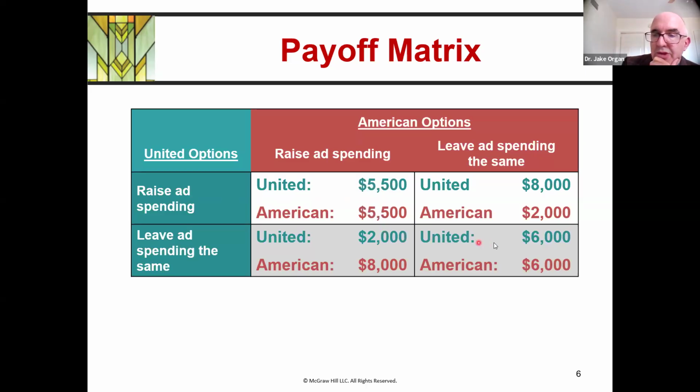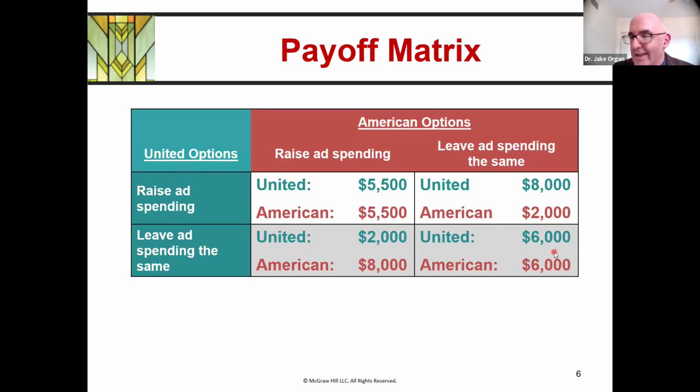Now, generally, before either of them decide to do any ad spending, if American leaves ad spending and United leaves ad spending, they'll both be making about 6,000 per flight. Let's say 6,000. That's probably a lot of money to be making on a flight, but let's imagine it.